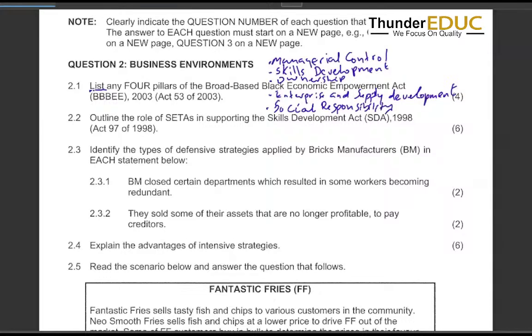So now we're saying that here: report to the Director General. Then the second one, promote and establish learnerships.